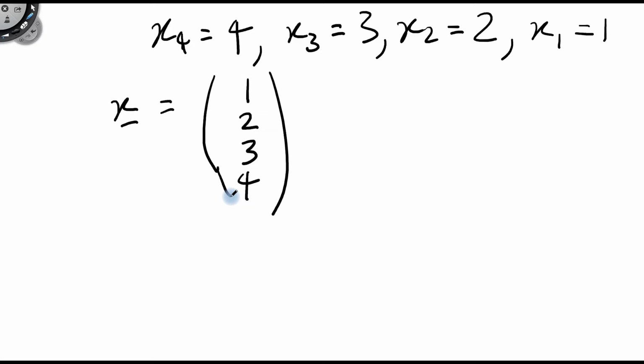But what are we observing? Well, we had this U matrix, and we had this other matrix, which was our matrix of multipliers.